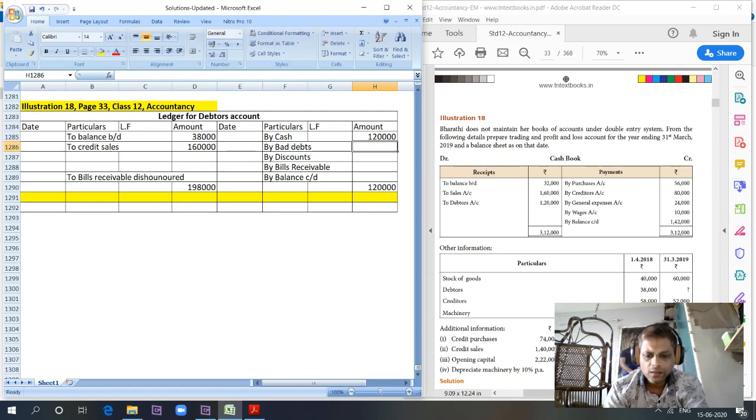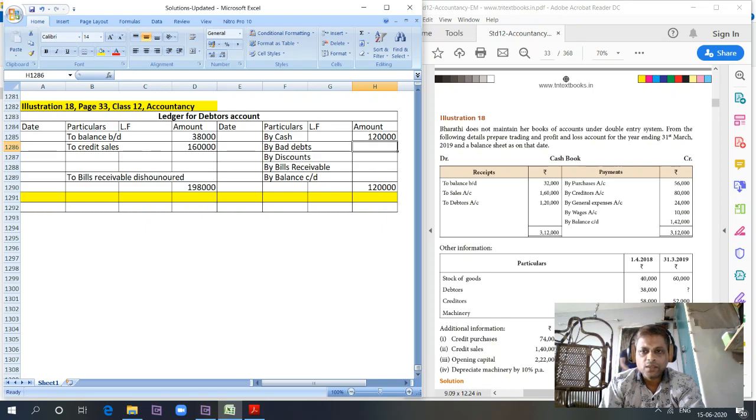How will we identify the cash received from debtors? In cash book, there's a debit balance of 1,20,000 here. The journal entry for cash received from debtors is cash account debit because cash is coming in, and credit debtors account, right? So cash account to debtors. So that is the reason we have cash received from debtors 1,20,000.